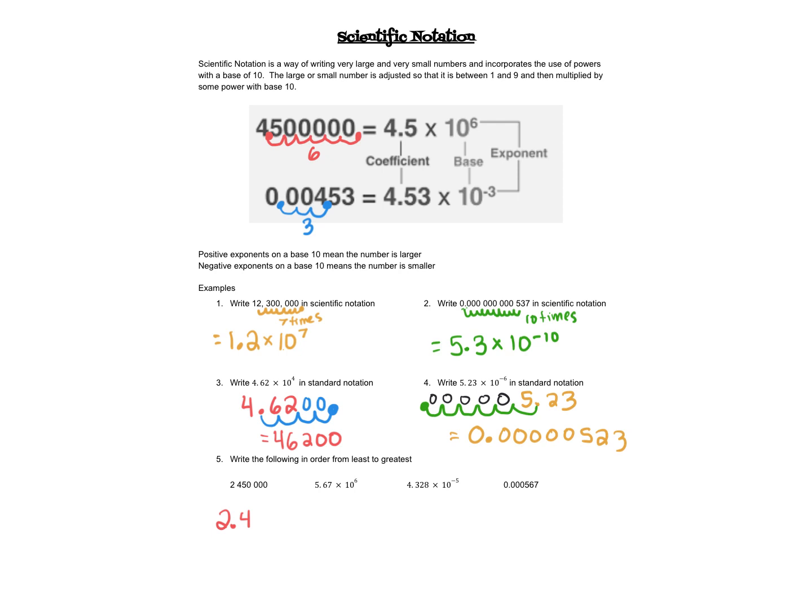Since there's no decimal showing, the decimal is at the end. And we're going to move the decimal 1, 2, 3, 4, 5, 6 times. So that's going to be 2.4 times 10 to the positive 6.